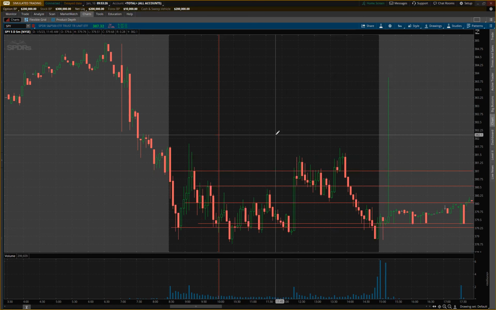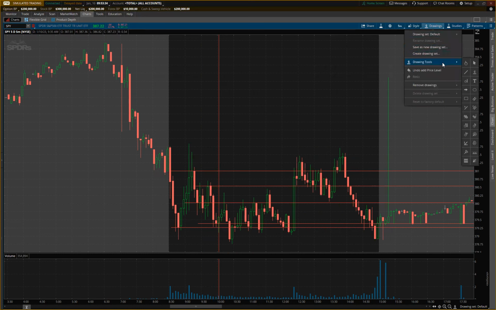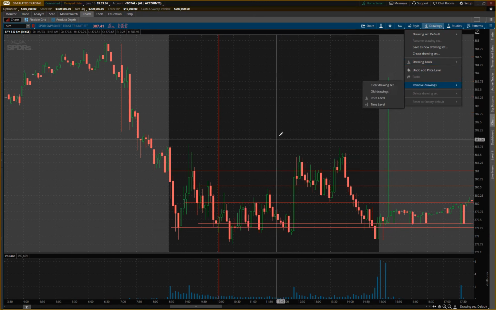The chart that I'm using to make my lines is a 5-minute chart, and I'm using this drawing tool to draw these lines. So these long horizontal lines here, I'm using this one, this price level, and for this particular line, you don't necessarily need to draw it, but for visual purposes, I'm using this time level one.